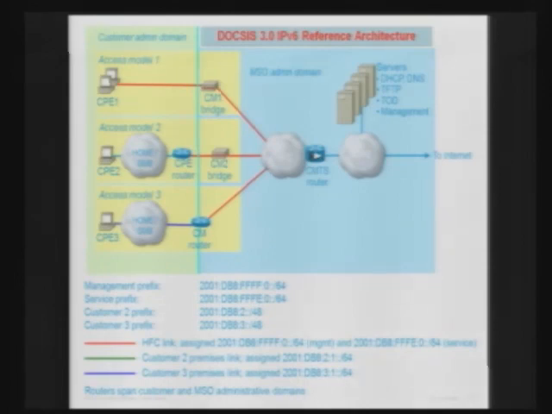And looking at the service prefix, for access model 1, the prefix length would typically be 64, but for access models 2 and 3, it may make sense to provide a 48-bit prefix.